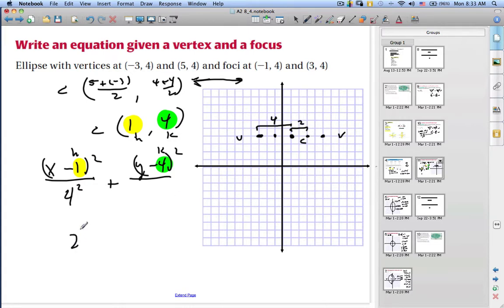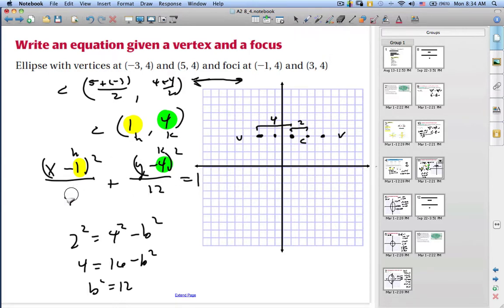So I know that 2 squared is equal to 4 squared minus b squared. So I'll have 4 is equal to 16 minus b squared. If I add b squared and subtract 4 on either side, b squared is equal to 12. So I can put b squared is equal to 12 right there. I'm going to change the 4 squared to be 16, and I've written my equation.